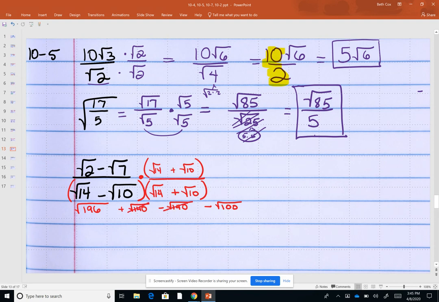Those make 0. This one is 14. They both get out. Remember this? I'll show you. It's 14 times 14. They're both in the house, so they can go out. That's 14. And then 100 is 10 times 10. They can get out. It's 10, and it's a minus 10. So 14 minus 10 is 4. So my denominator for this guy is 4.